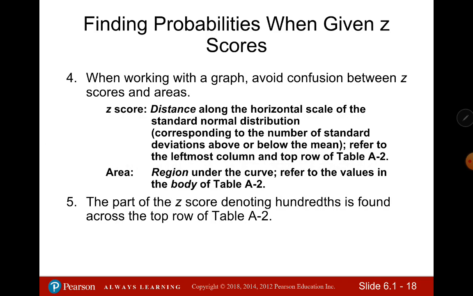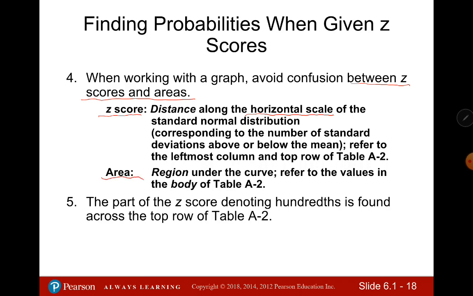And don't mix up the Z-score and the area when we check the table. The Z-score is just the distance. It's just your horizontal scale.